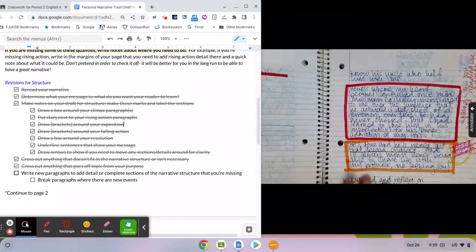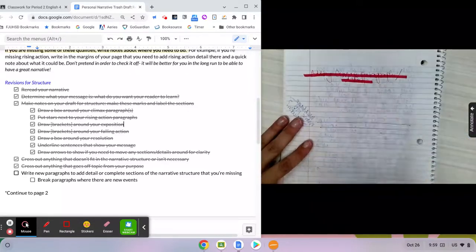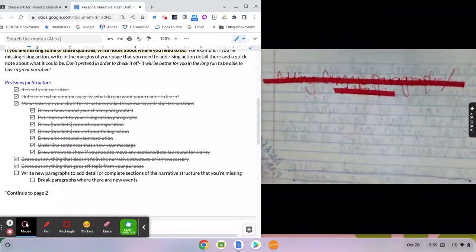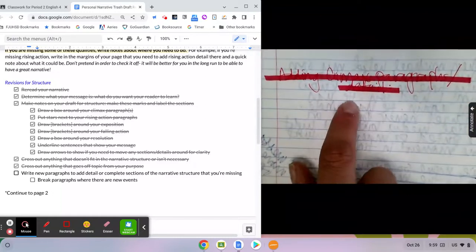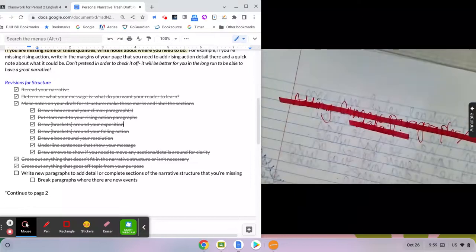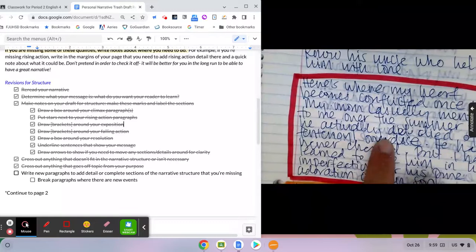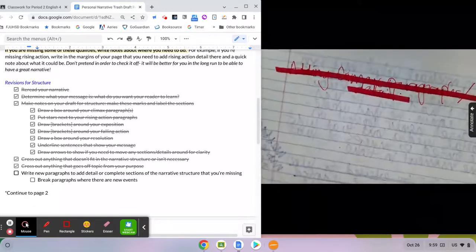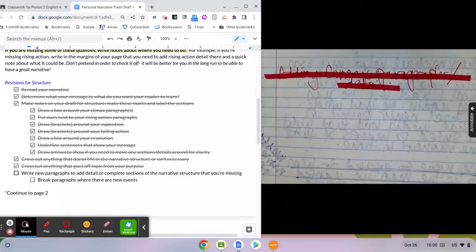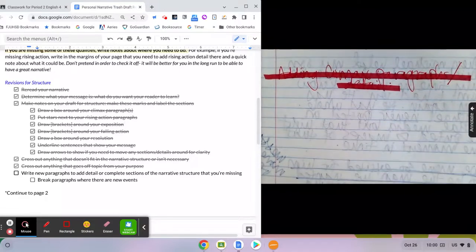So I'm going to open to a new page now. And you can't really read this because I made a mess of it, but it says adding climax paragraphs and details. So the first thing I'm going to do for my plan is I know I'm missing some stuff in my climax. So I'm just going to go back and just focus in on that one moment in time.